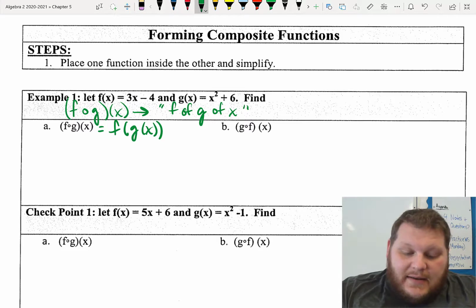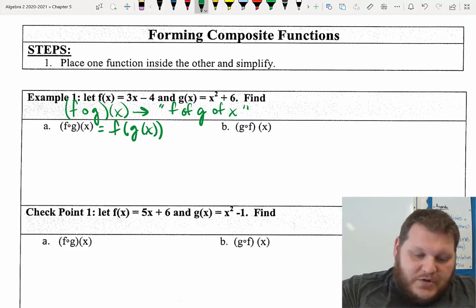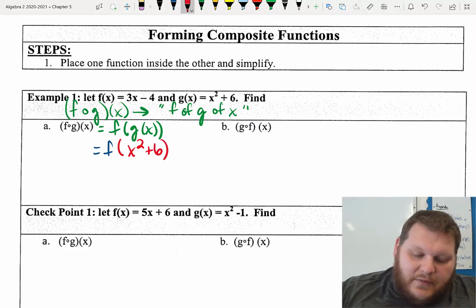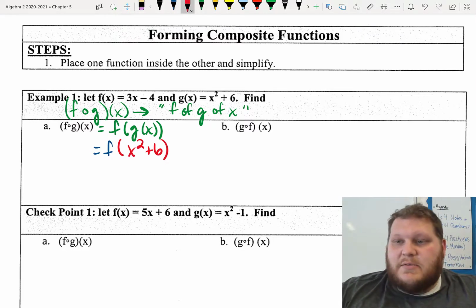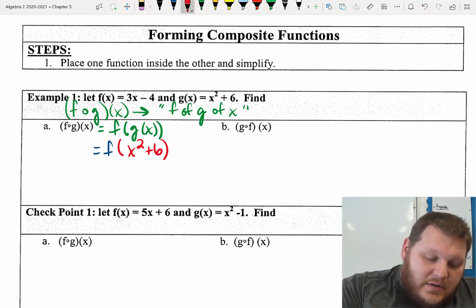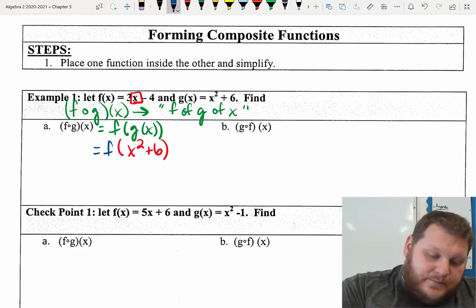So I'm going to take that x squared plus 6 and substitute it in for x in my other one. First layer deep here, we plug x squared plus 6 in for g of x. We know x squared plus 6 is g of x, so it goes right in for the x value of my function.